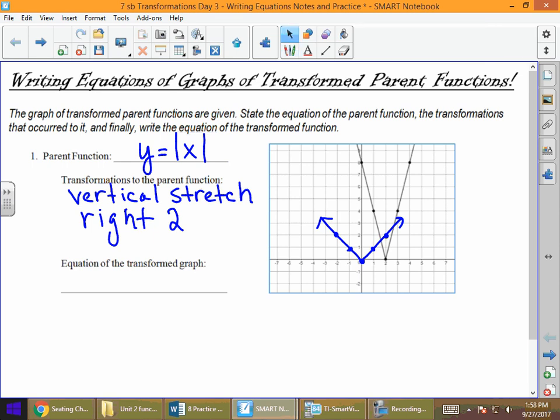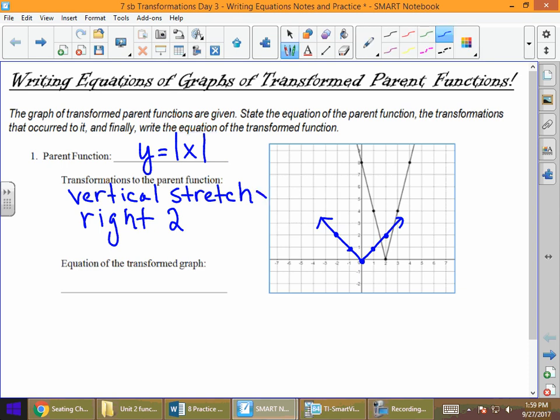And what I want to show you here before I erase this is that when you look at this graph, in the parent function, we went one space to the right and one up. But when we look at our new picture, we went one space to the right from the vertex, but we went up 1, 2, 3, 4. And because we went up or down, that's why it's vertical and not horizontal.